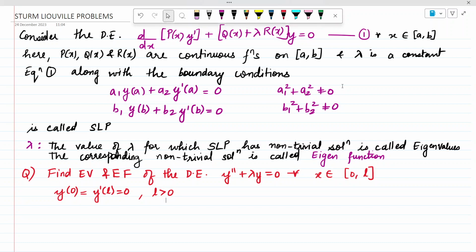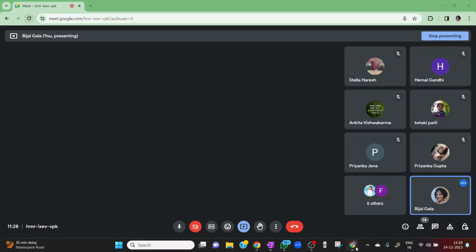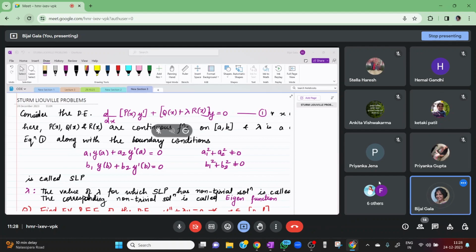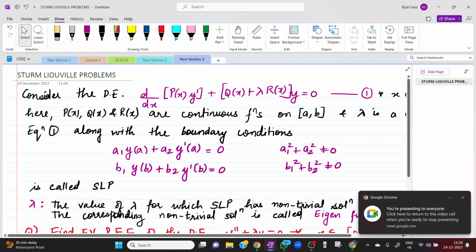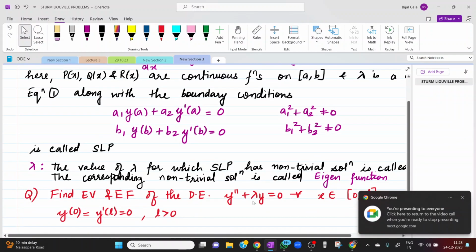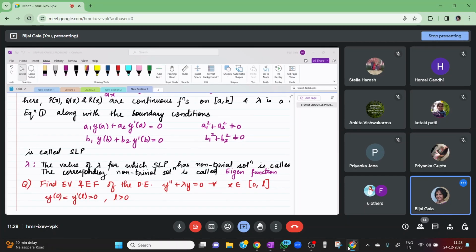What is the value of R of x? Yes, students. Anyone? Come on. Is it Sturm Liouville? You want me to explain?